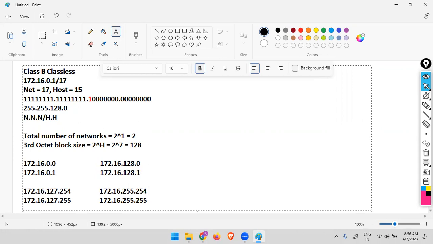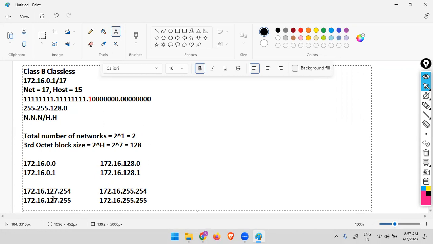172.16.127. Is it 126? Why 126? This second network is starting at 128. So after 127.255, what will be the next IP? 128.0.